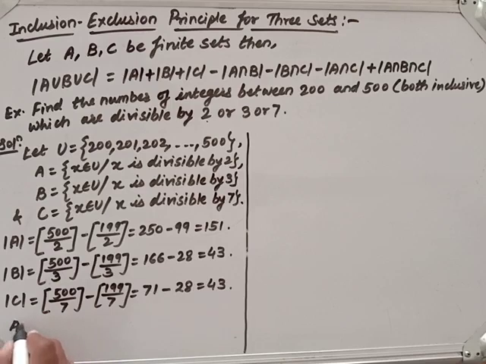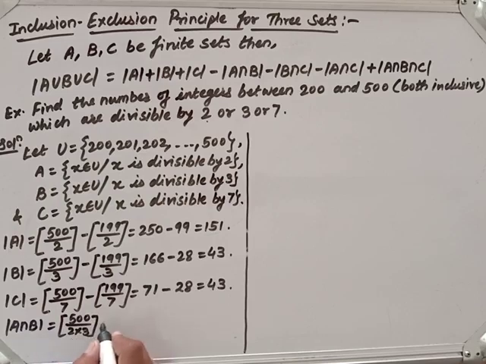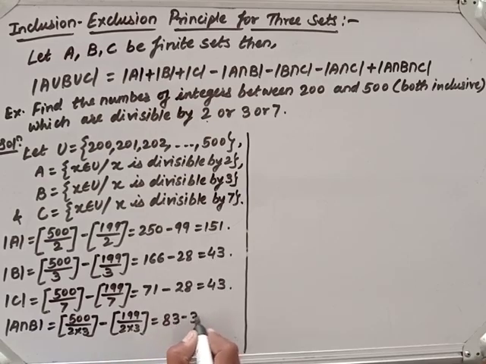So what is A intersection B? The greatest integer function, A intersection B means 2 as well as 3, so 500 upon 2 multiplied by 3 minus 199 upon 2 multiplied by 3. So that is 83 minus 33. So it will be 50.